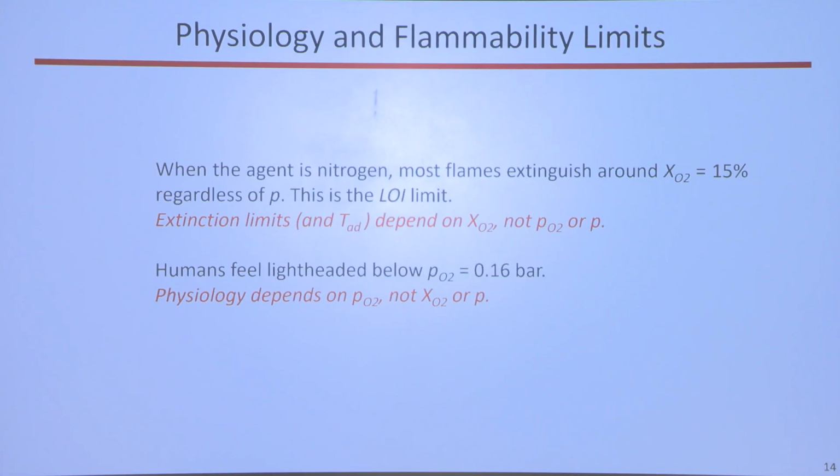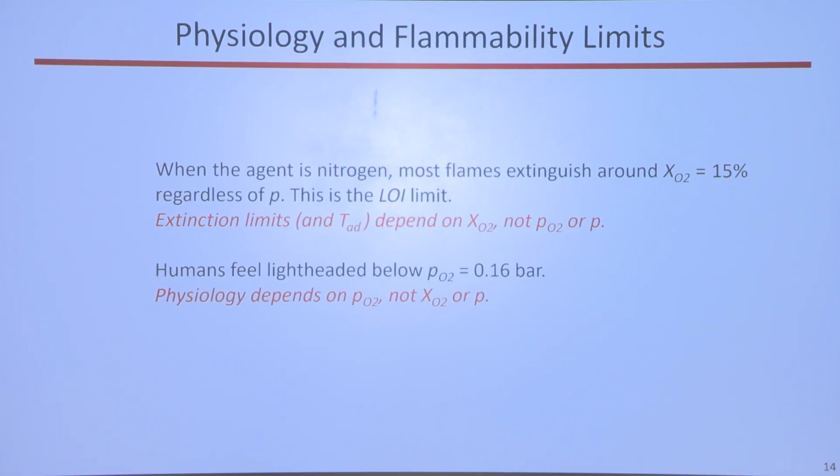Now, I want to talk next about how human physiology, and I suppose other animal physiology, responds to insufficient oxygen and how that's different from flames. To me, this is a key point of understanding that's not so important in an environment like here where you can't control the pressure.